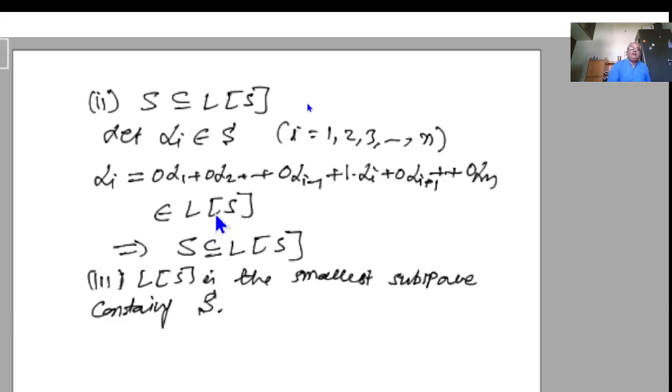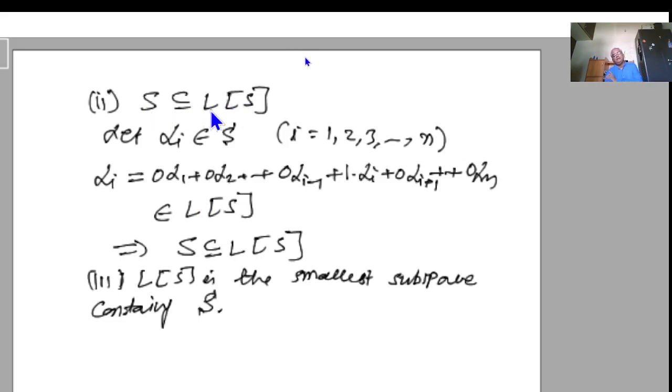So here in 1 we have proved that L of S is a subspace of V, and in 2 we have proved that S is contained in L of S. The only thing now we have to prove is that L of S is the smallest subspace containing S.